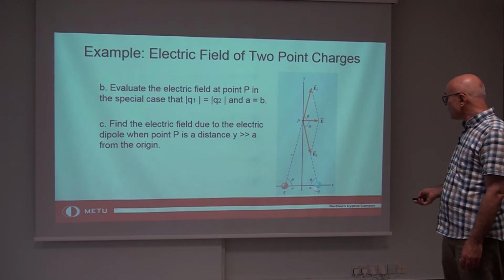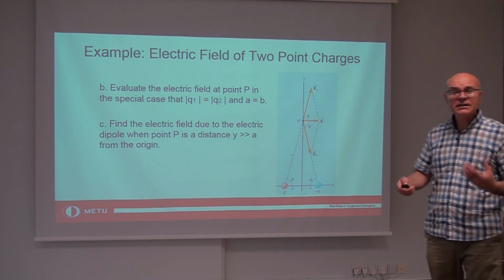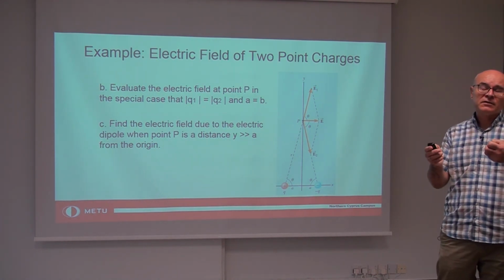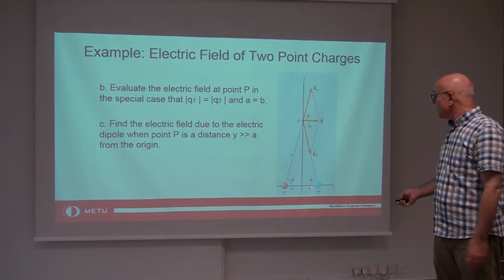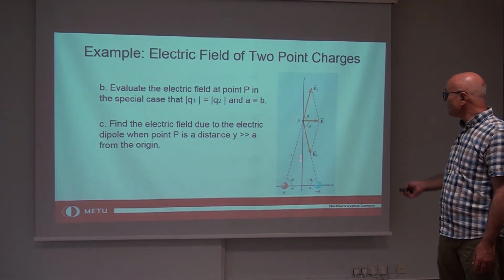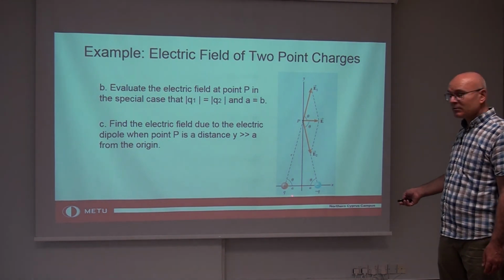Now when the charges are equal and opposite, we will have what we call an electric dipole. An electric dipole is 2 equal and opposite point charges that are separated by some distance. So I will consider finding the electric field of this dipole at a point along the y-axis, which now will be at the middle point between them.